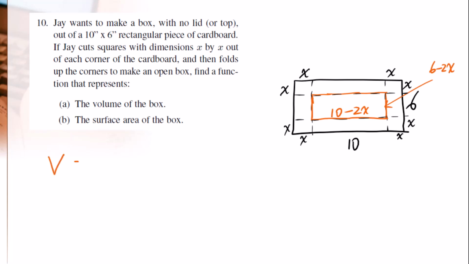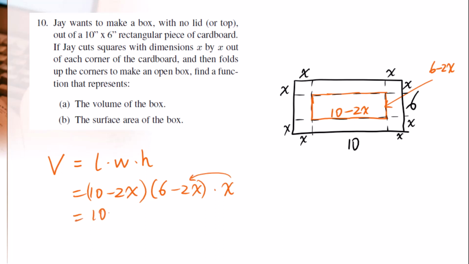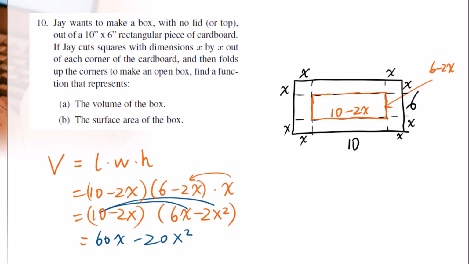So the volume, this is a rectangular box, equals length times width times height, equals (10 minus 2x) times (6 minus 2x) times x. (10 minus 2x) times (6x minus 2x squared). Then we will do the FOIL. 10 times 6x is 60x. 10 times negative 2x squared is minus 20x squared.